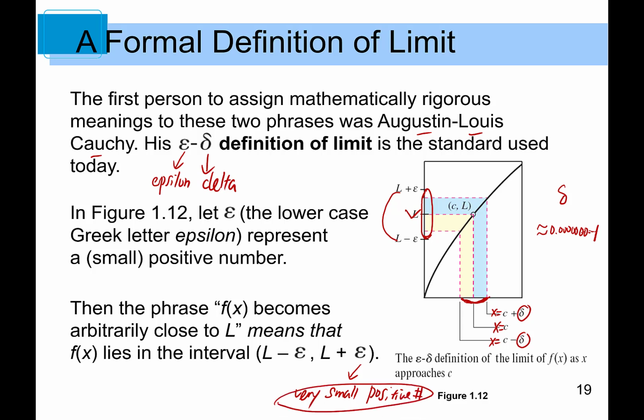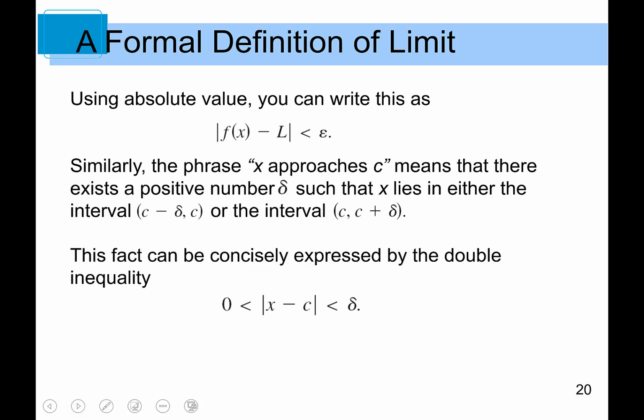Both delta and epsilon are very small positive numbers. So this is the formal definition of limit. And using absolute value, you can write this as the absolute value of f of x minus L is less than epsilon.